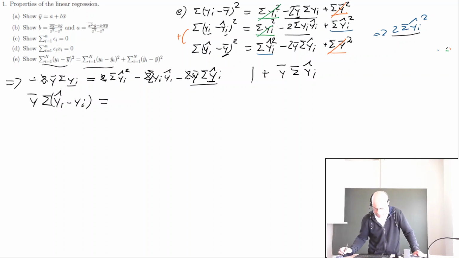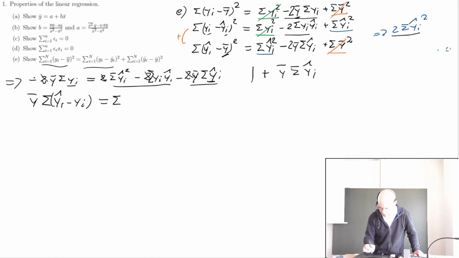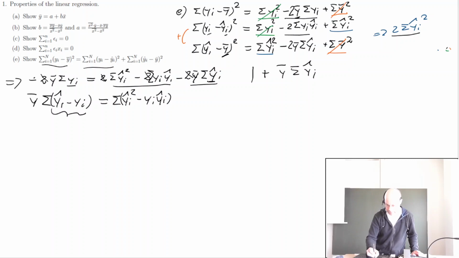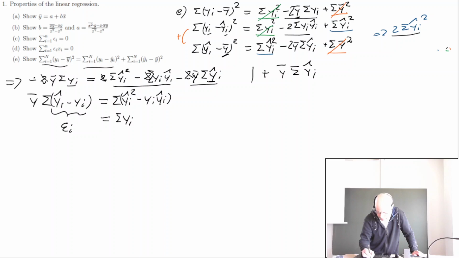And on the left side, we find these two. These are still left. So this is y hat i squared minus yi y hat i. So this here is nothing else than our epsilon i. And this we can write as y hat i times y hat i minus yi.